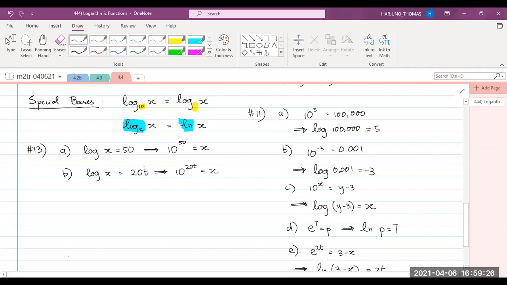Part C, I mean. Natural log of x equals 0.1. That's natural log, so the base is e, the exponent is 0.1, equals x.